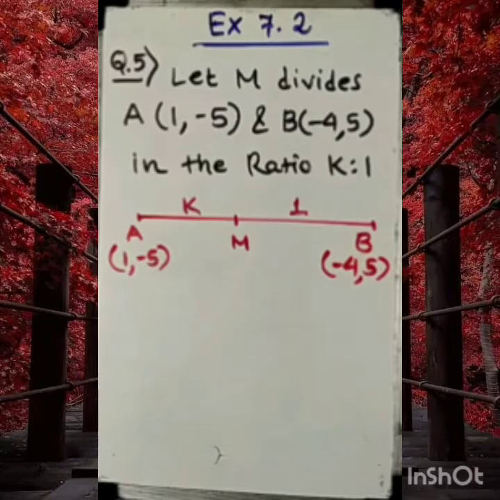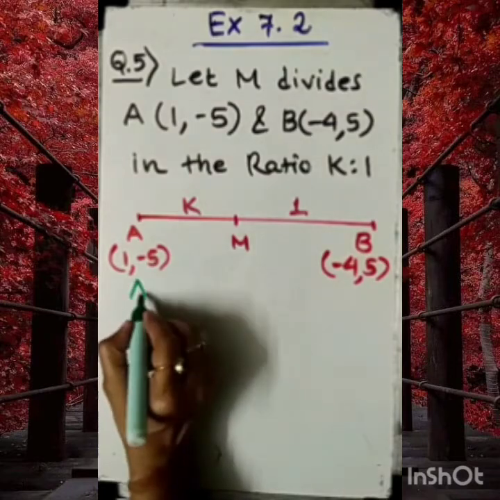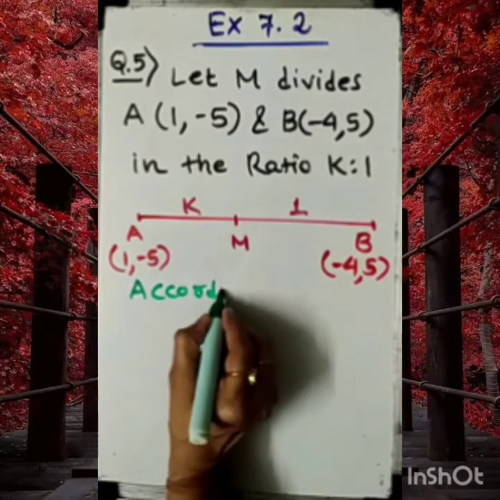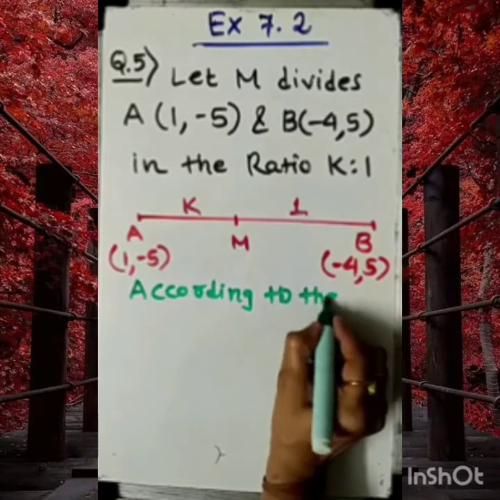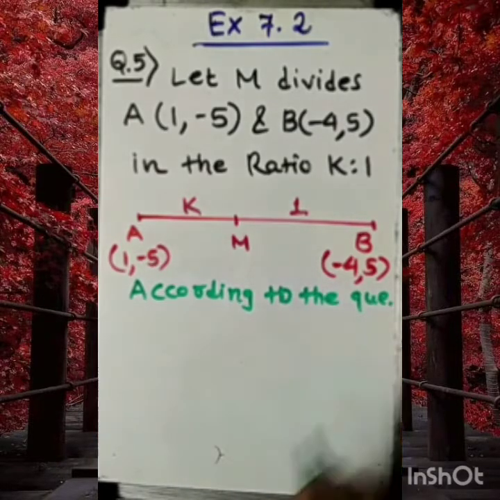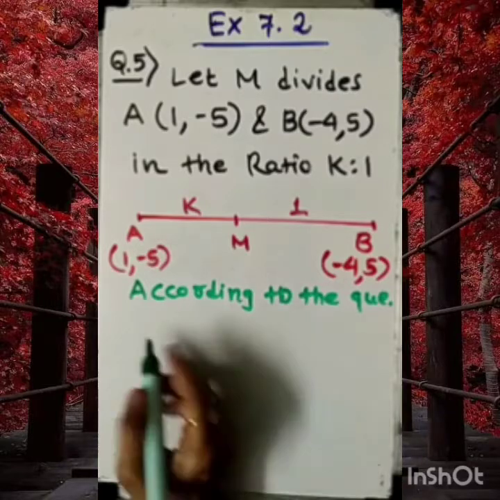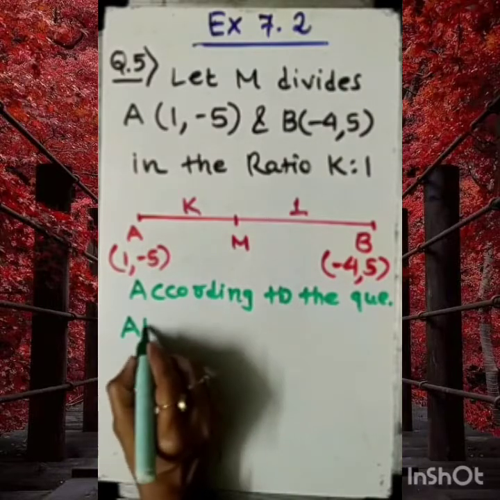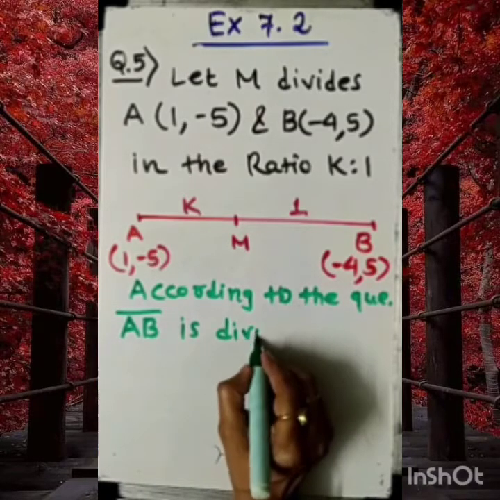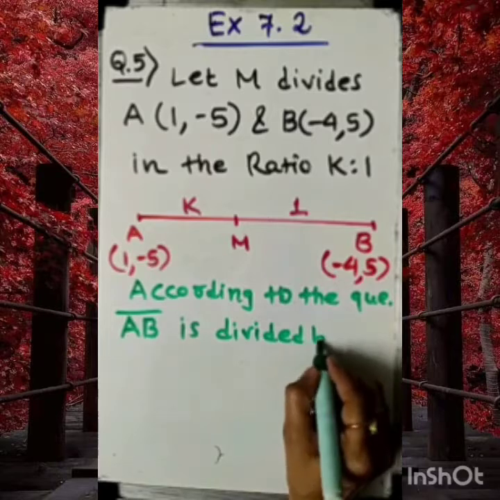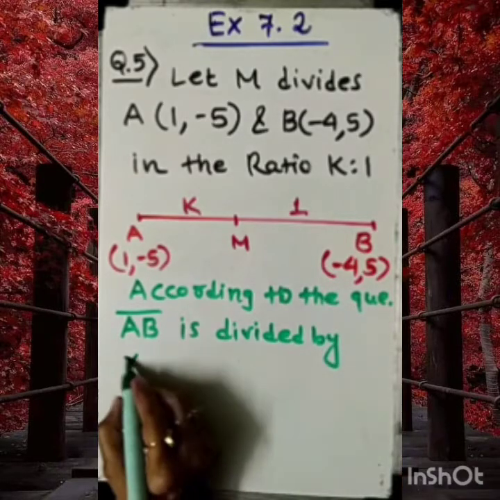According to the question, if we are given this, then the line segment AB is divided by the x-axis. That is clear, it is given in the question.